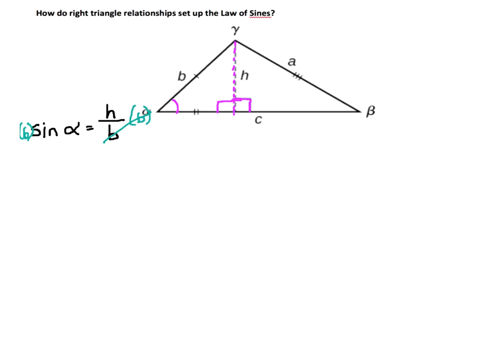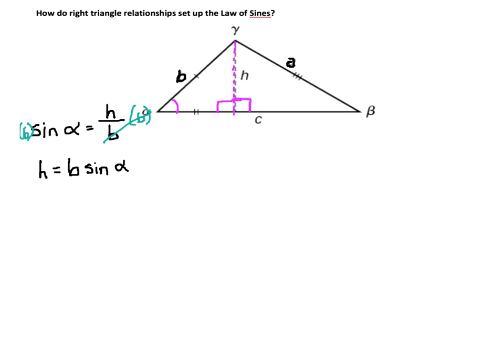And now I have a very simple expression that represents the height of an oblique triangle. The height is equal to B times the sine of alpha. And remember, my angle alpha, the side that's opposite that is my side A.